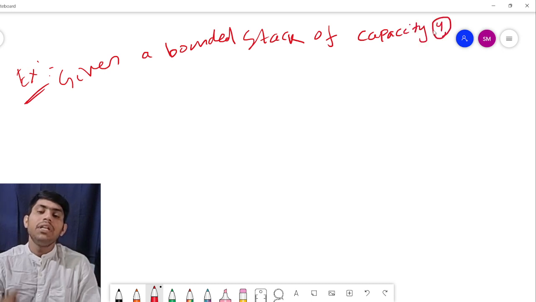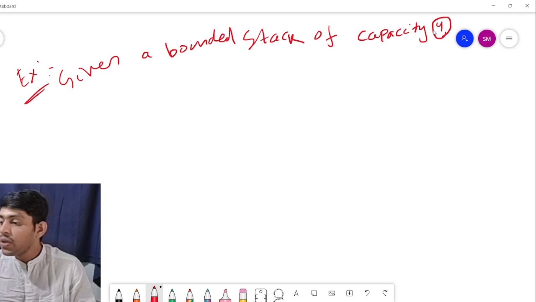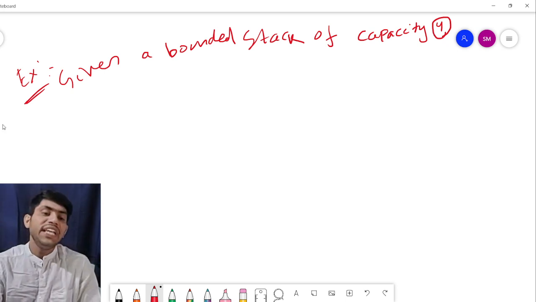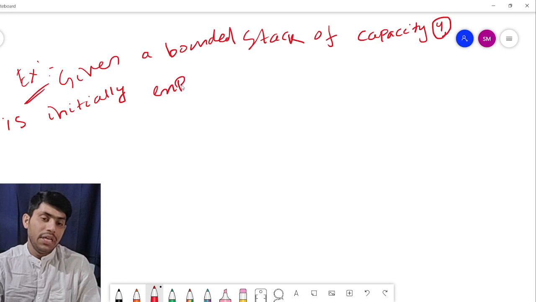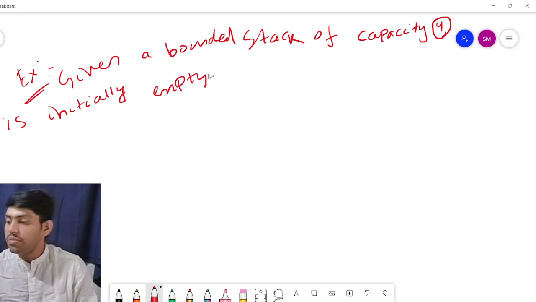They have given the capacity is 4, and the stack is initially empty. Now the stack is empty.